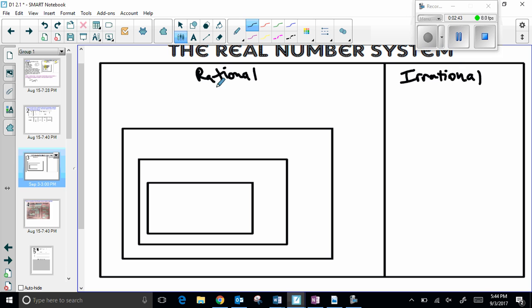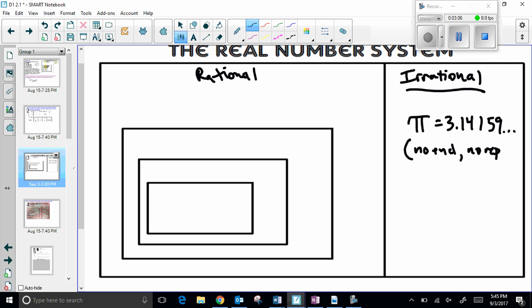Most of the numbers we deal with are rational numbers. The irrational ones, if I could give you a few examples, well, here's one, pi. Pi is 3.14159, something like that. Anyway, it has no end to it, and it never repeats.